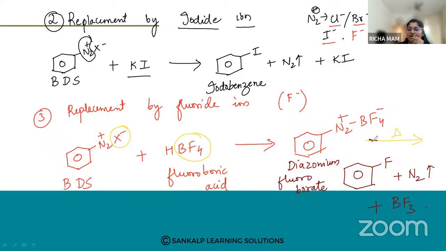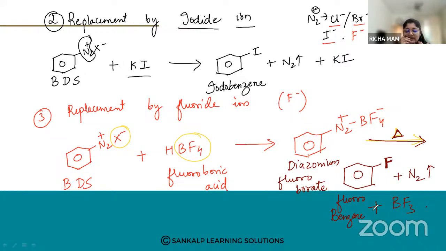And this diazonium fluoroborate, we are going to heat it further. After heating, it will decompose. After getting decomposed, we are going to yield fluorobenzene.